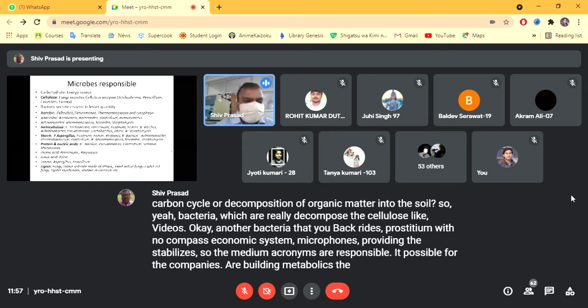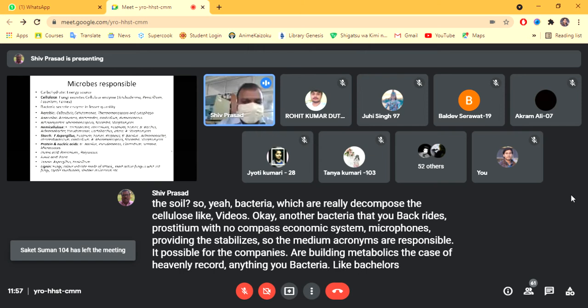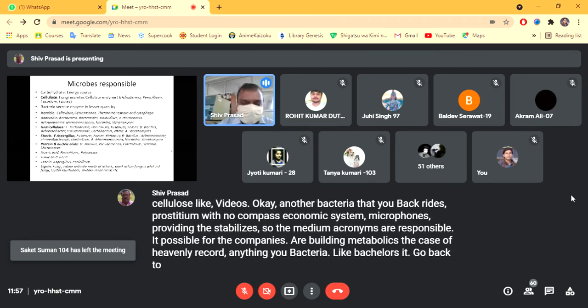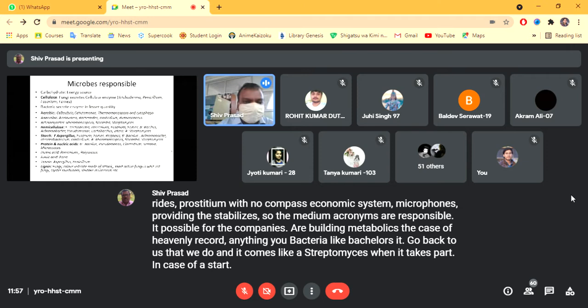In case of hemicellulose, fungi like Trichoderma, Penicillium, Fusarium, Fomes, bacteria like Bacillus, Arthrobacter, Pseudomonas, Lactobacillus, Vibrio, and Actinomycetes like Streptomyces mainly take part. In case of starch, the fungus Aspergillus is the most important one, along with Fusarium, Fomes, Rhizopus.